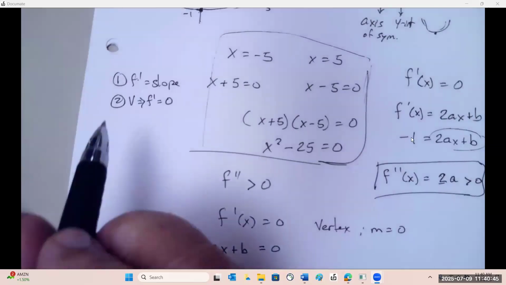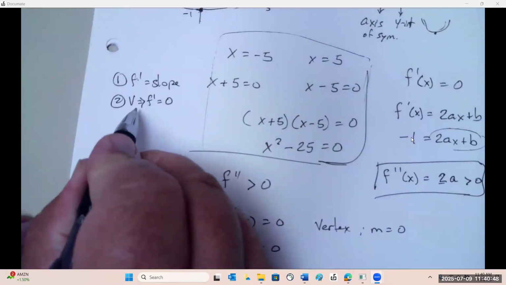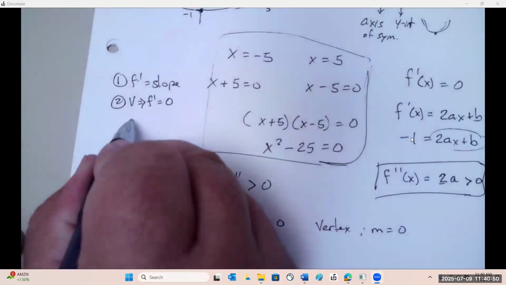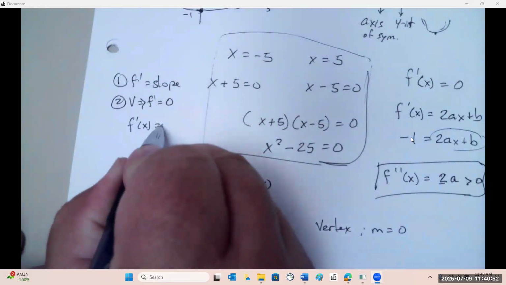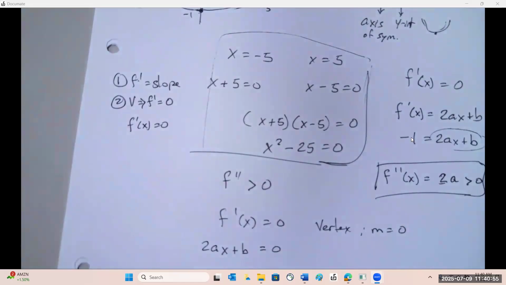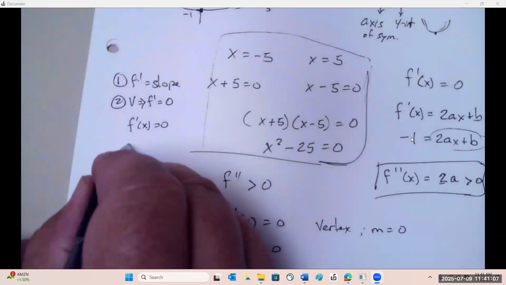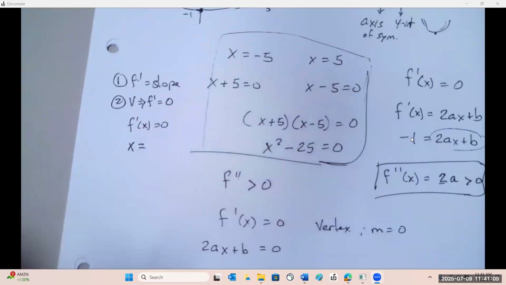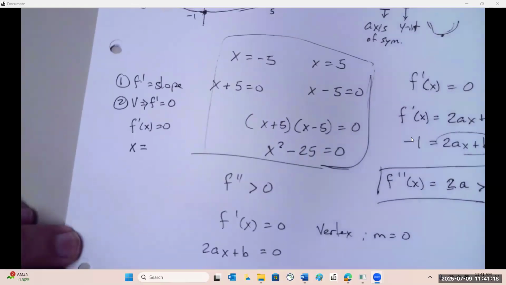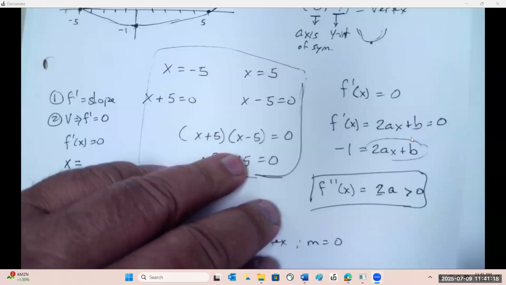Remember, once you get the first derivative and set it equal to 0, what's that going to find for you? Okay, that's the critical point, but it gives you the x value where that occurs. We'll come back to this in a second.